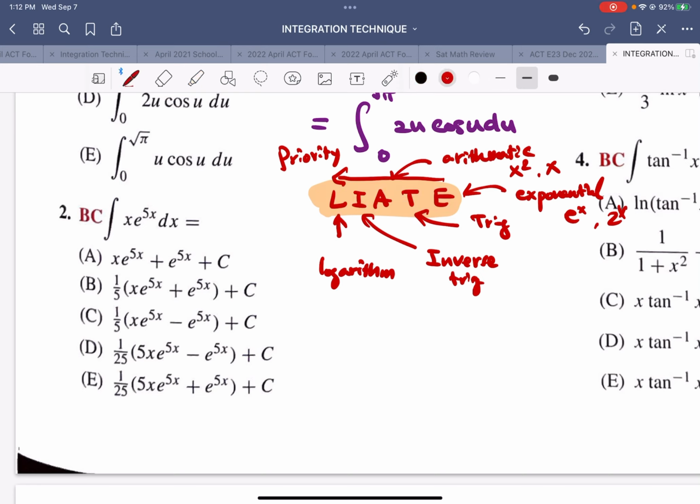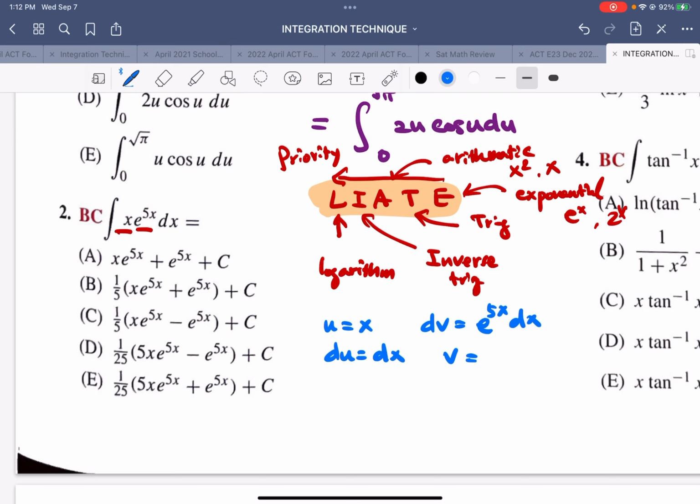So now you have arithmetic and exponential. Arithmetic comes first compared to exponential, so x is u. So I'm going to say u is x and dv equals, I'm doing integration by parts, e to the 5x dx. So du equals dx.